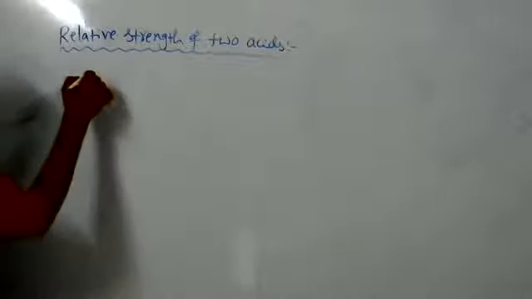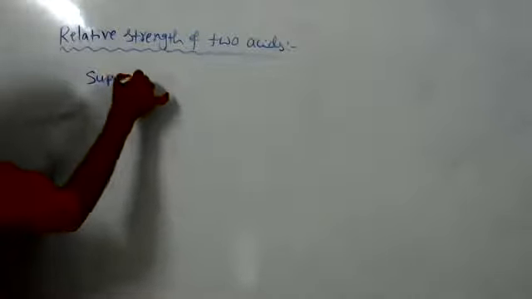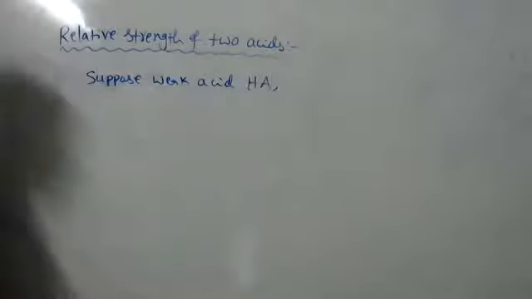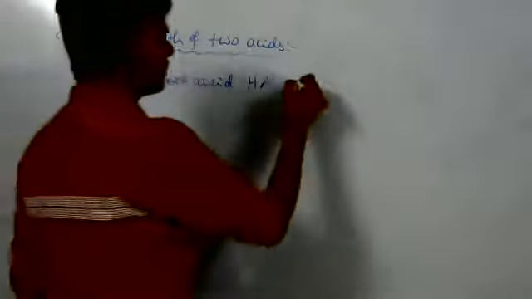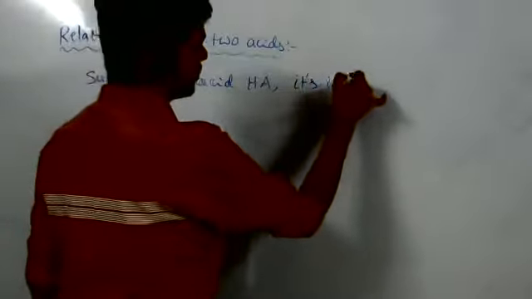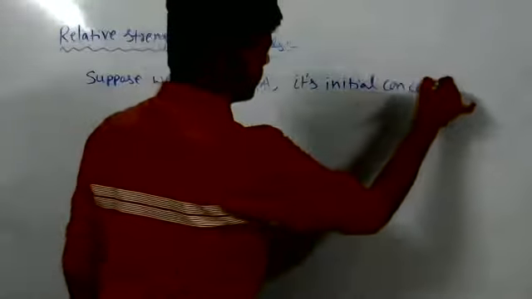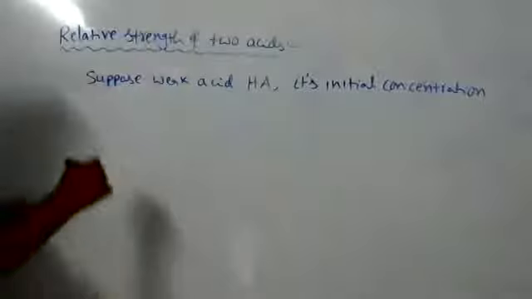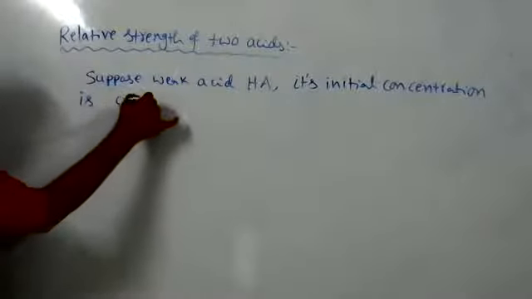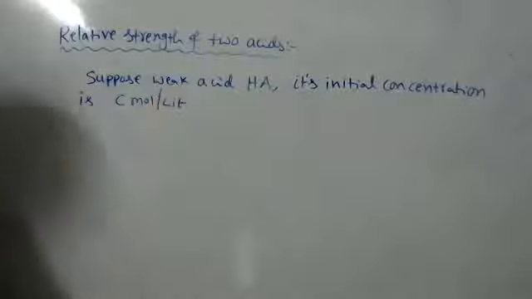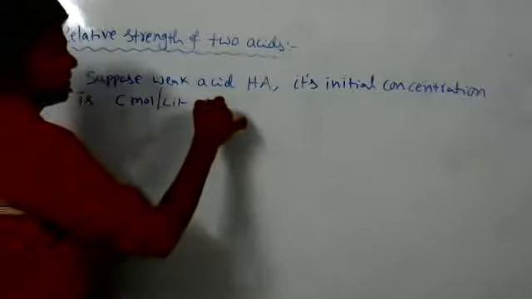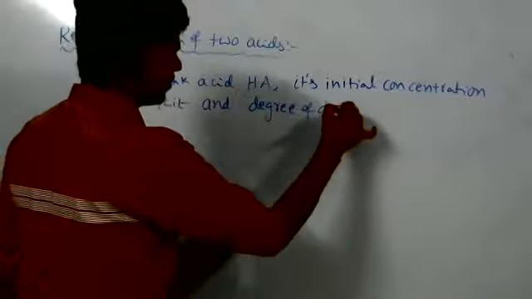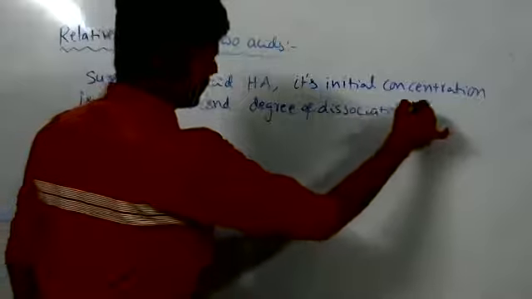See here. Suppose a weak acid HA, and its initial concentration is C moles per liter, and its degree of dissociation is alpha.